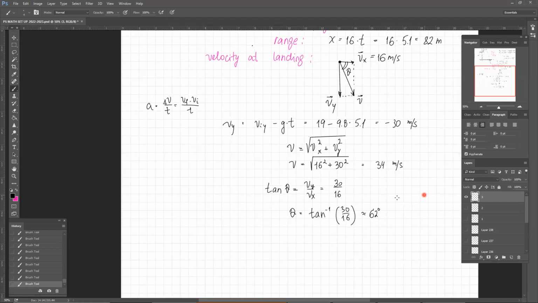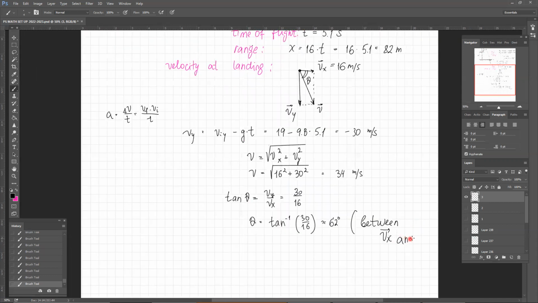So 60 degrees between Vx and V. Or we can say down to the right. Or the safest method is just to include this drawing. If this drawing is included, then it's quite clear where the theta is. It's marked on the drawing.